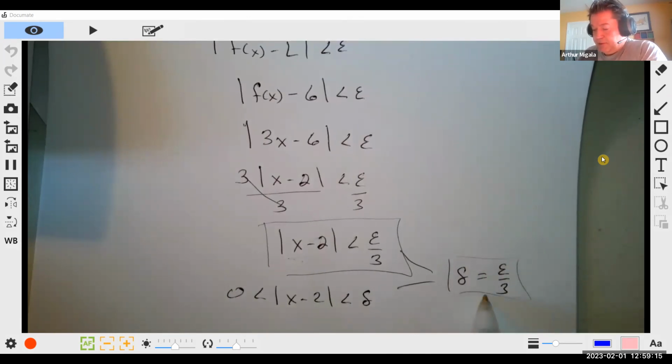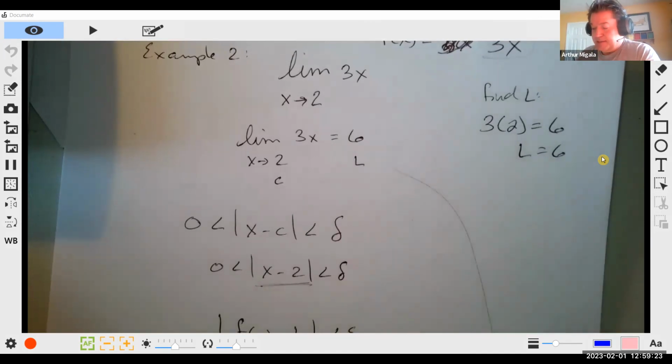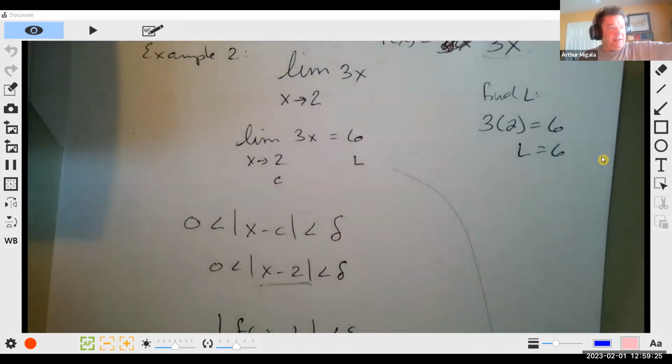So again, because these values are getting smaller, this proves that it gets infinitely close to our limit value, and that's what we're looking for.